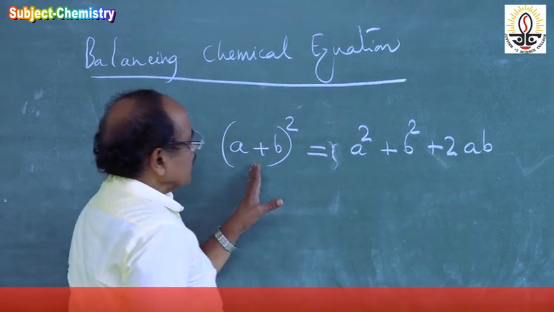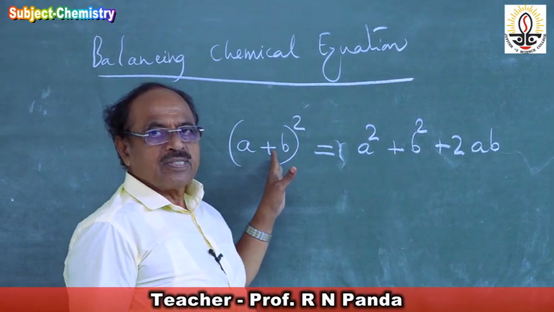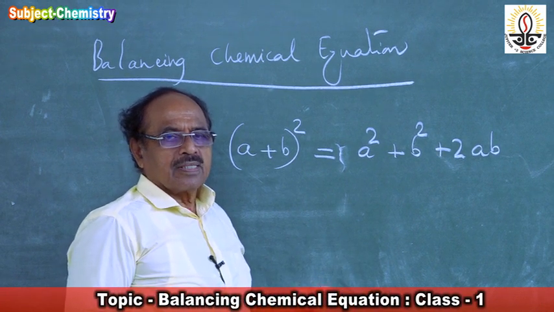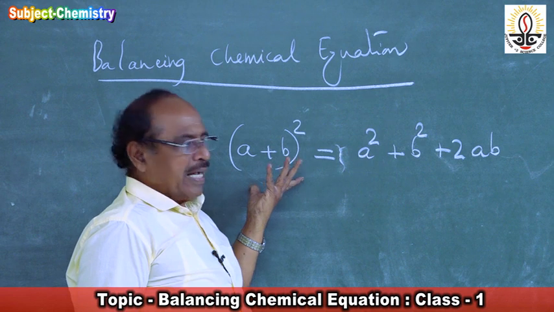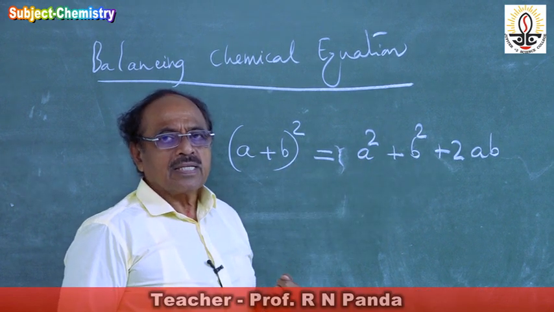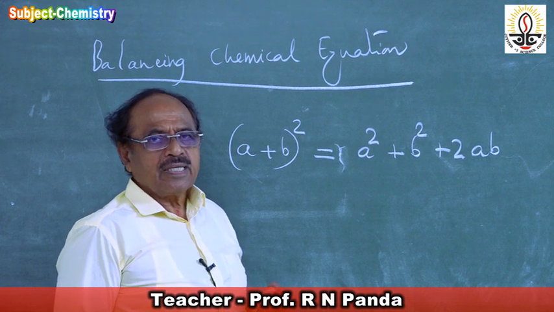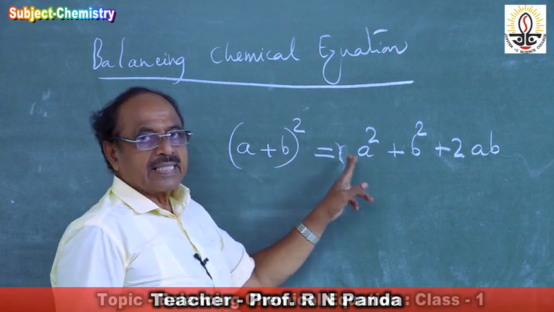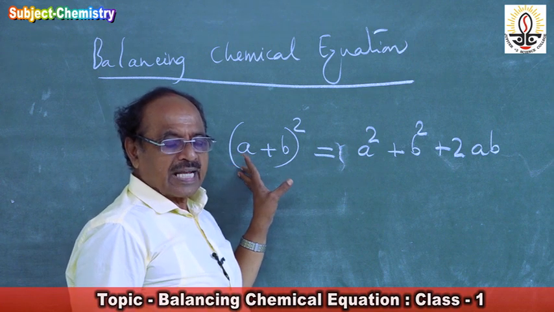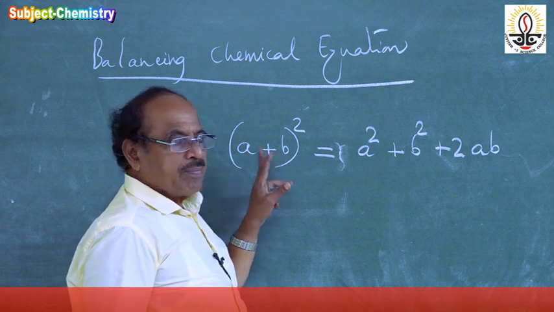Now you see this is different. A plus b whole square means what? A plus b multiplied by a plus b. This is different, and this is totally different, but both are equal. Both are equal because if you take a plus b multiplied by a plus b, you are getting this. So this is an expression which explains the equality between two terms.